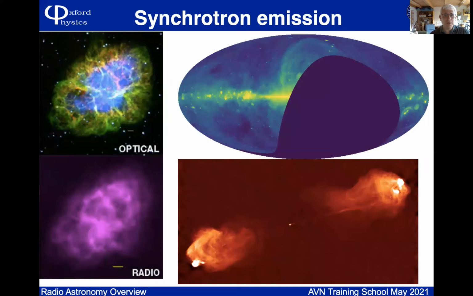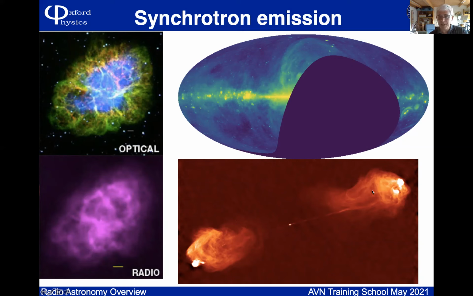So when you look at the sky, you see a lot of objects radiating in synchrotron emission. At the bottom right here, we have a typical giant radio galaxy, where we have a galaxy with a supermassive black hole in the center, material falling in, being accelerated at the black hole and sent out in these jets, which then impinge onto the surrounding gas and create these great lobes.